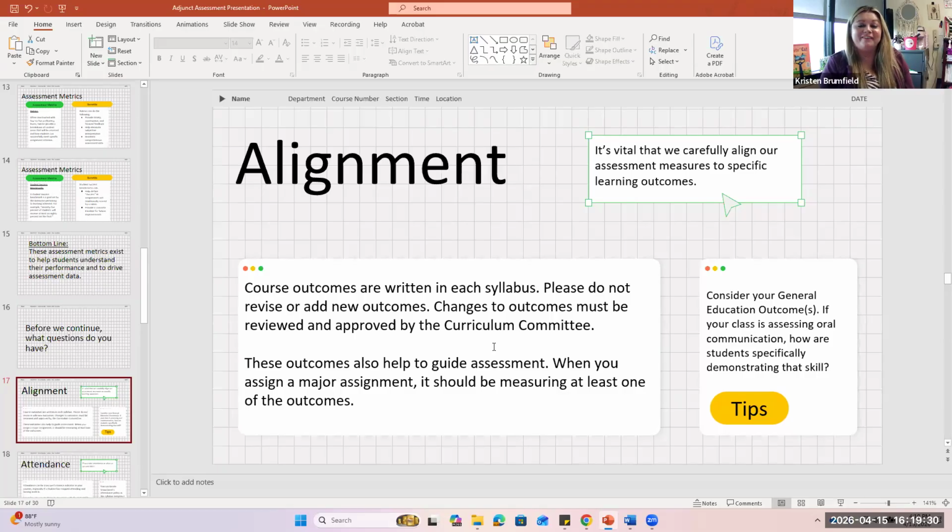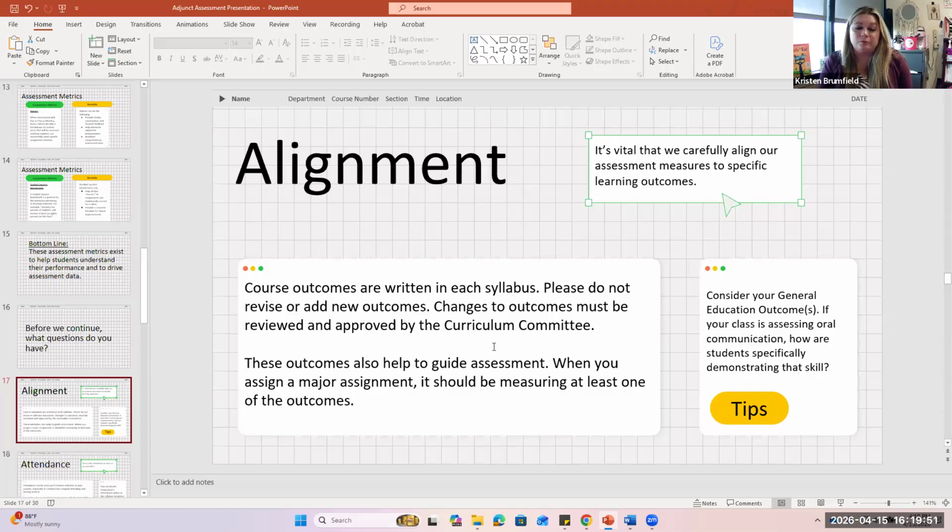I can appreciate that adjunct instructors and people that are new may want to make some outcome changes. However, there is a process that it does have to officially go through. Faculty and adjuncts, we're not supposed to just change those.